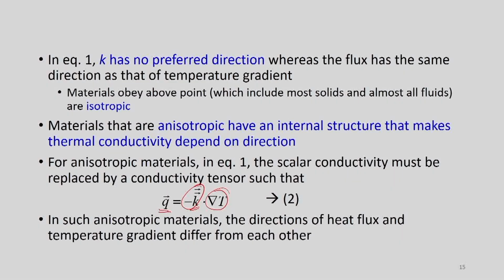So, in such anisotropic materials, the directions of heat flux and temperature gradient are different from each other. It is not necessarily the same as in the isotropic material. In isotropic material, q and del T are in the same direction, right. But here it is not necessary, because now k also has directions.